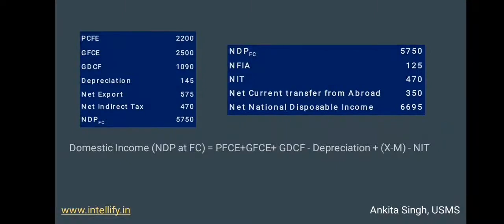In the box we have given the figures and we calculate according to the given formula, and then we calculate the net national disposable income, which is the sum of NDP at FC plus NFIA plus NIT plus net current transfer from abroad.